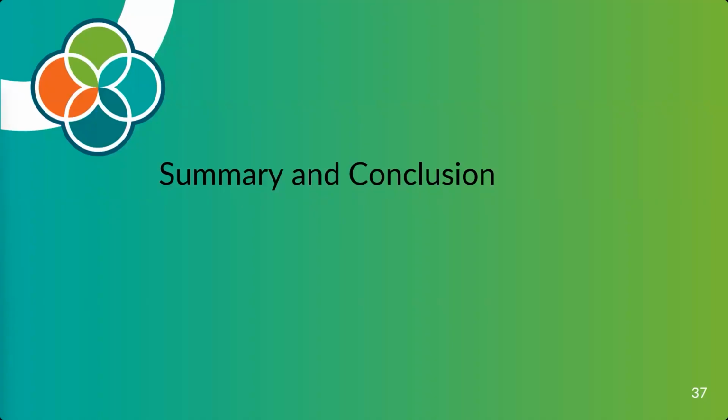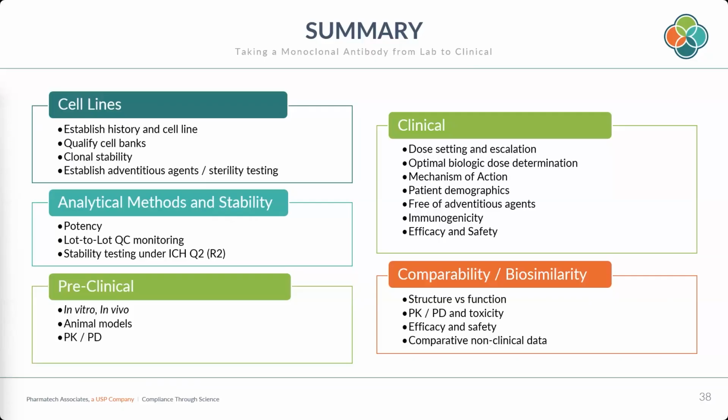Finishing up here, we'll talk a little bit about what we've gone through. We've touched on cell lines, the analytical methods and stability, the preclinical, some of the clinical aspects we didn't get much into, and then the comparability and biosimilarity, all of which is really the key aspect of biosimilars: comparability, right? It's how does your biosimilar drug compare to the original reference?